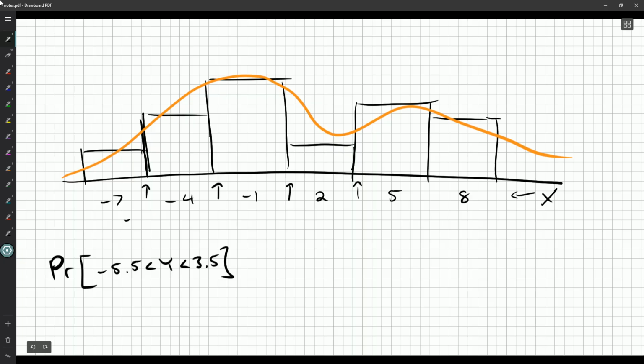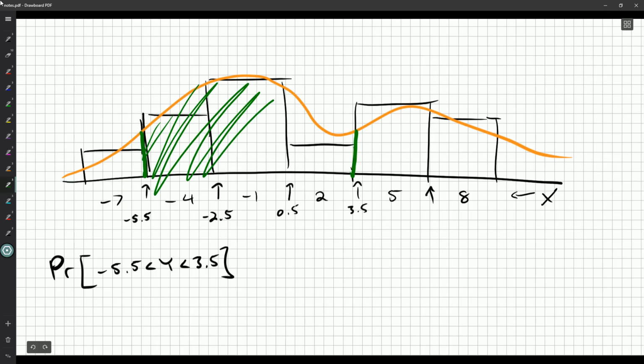It turns out -5.5 is halfway between -7 and -4, and 3.5 is here, halfway between 2 and 5. You could figure them all out, but we really just need the two. So the probability we want is this area under the density function for y. That's a nice expression there.